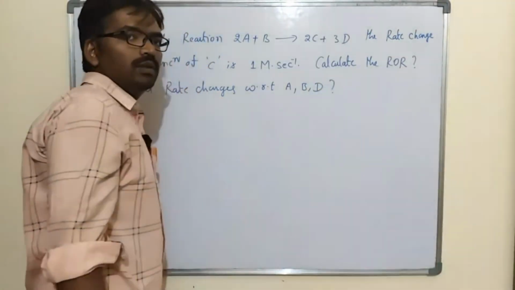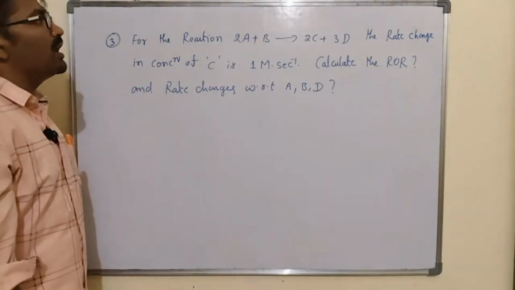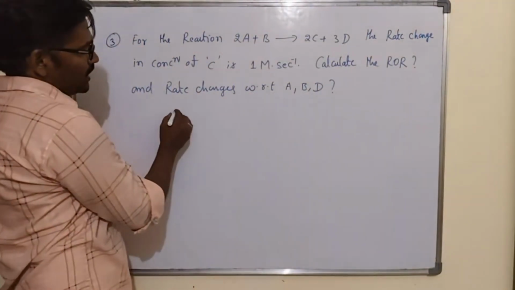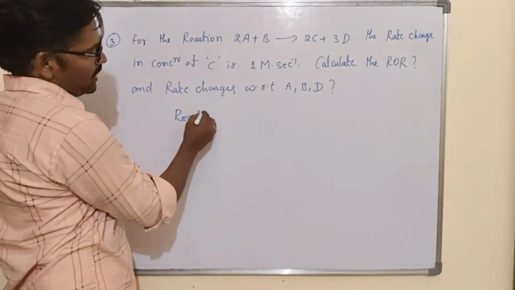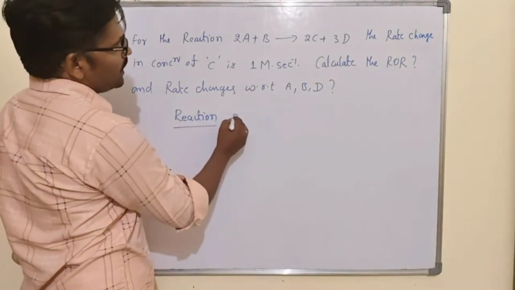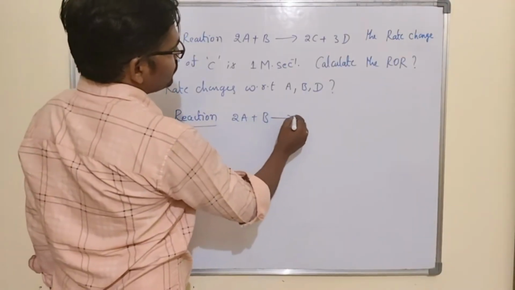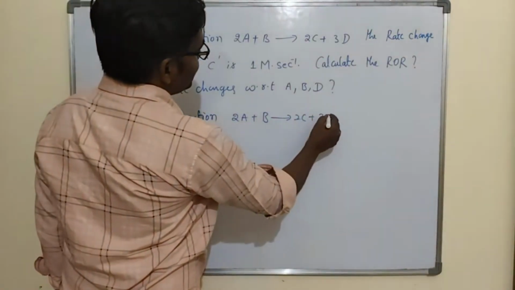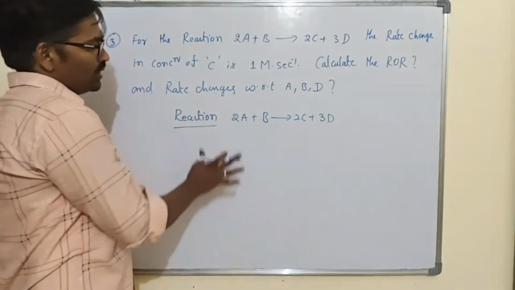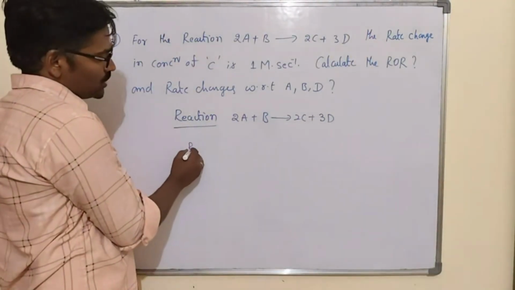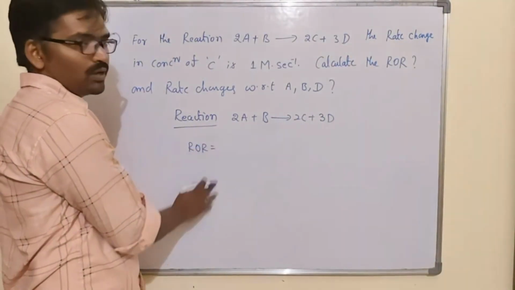That's it. So first you need to understand the question. Take the reaction. What is the reaction? 2A plus B gives rise to 2C plus 3D, right? For this you have to mention the rate of reaction, and everyone knows how to do that.